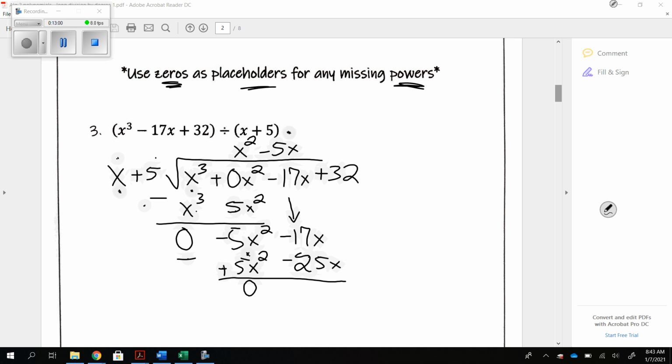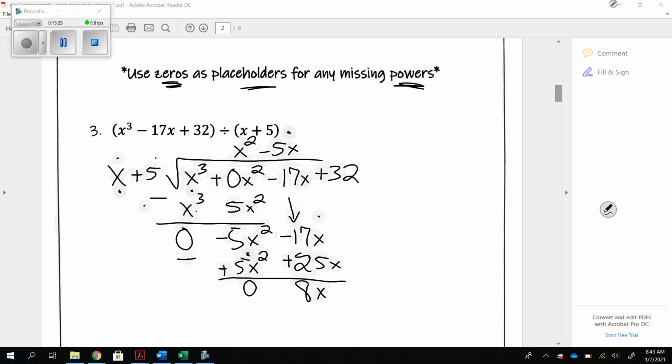That's what we want. All right, and then negative 17x minus negative 25x, or plus 25x, because that turns into a positive, because a negative next to a negative makes a positive. That's 8x. All right.